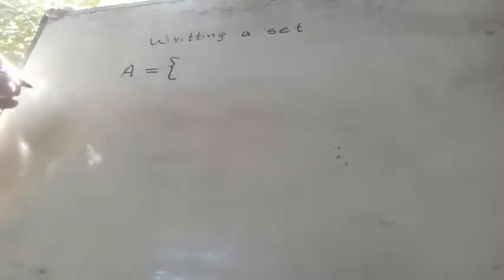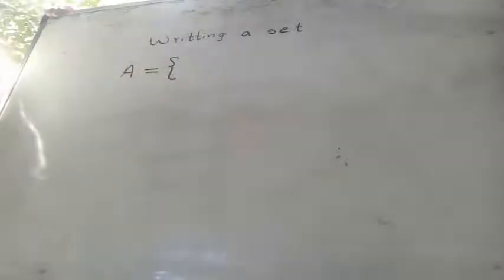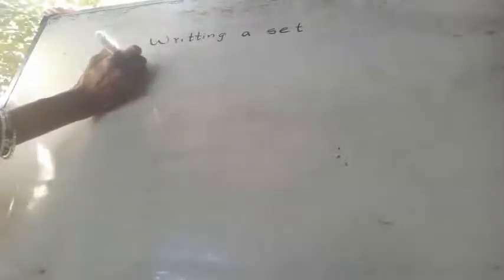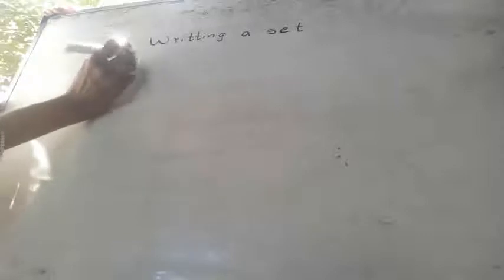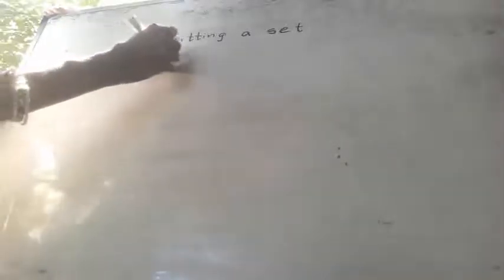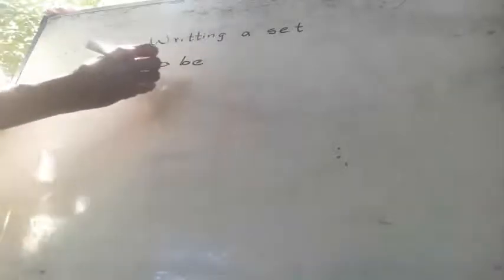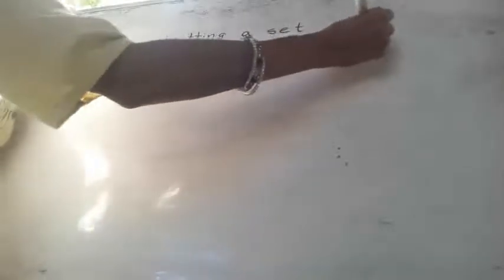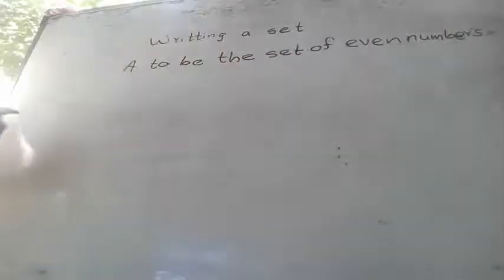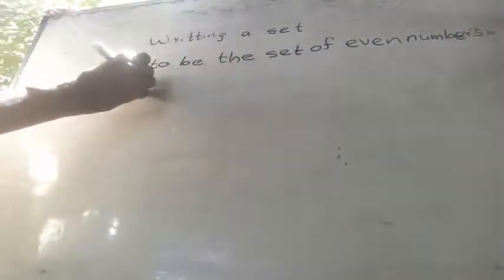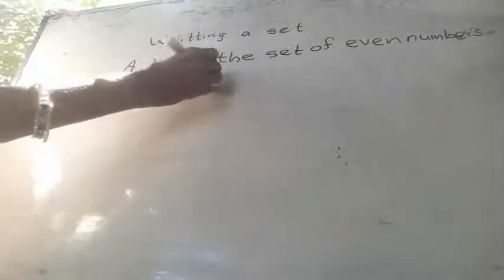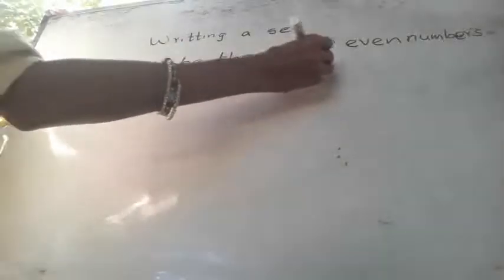Now we are going to write this. A is equal to the set of even numbers between 0 and 50.